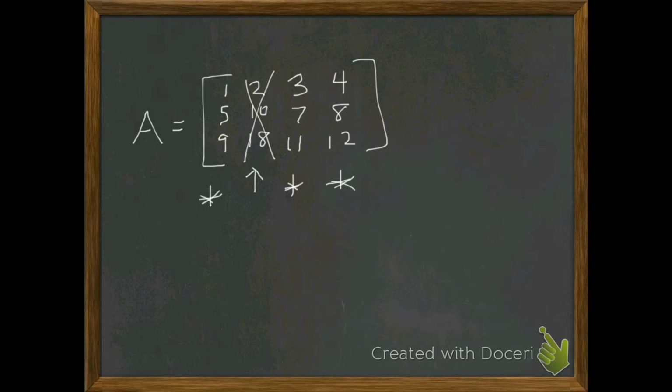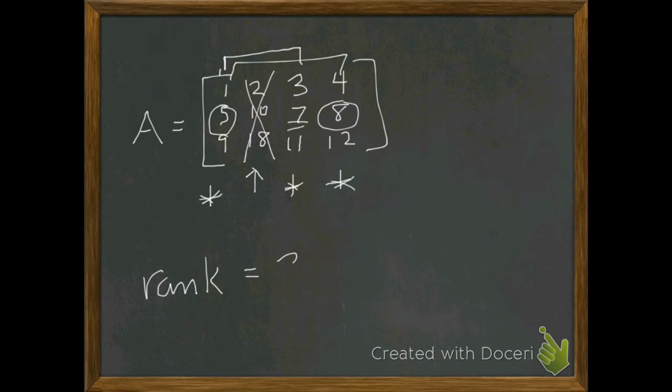And we can see that neither of these can be expressed as the other by multiplying by some scalar. For example, to go from here to here, we would have to multiply 1 by 3. Well, when we multiply 5 by 3, we don't get this. We'd have to multiply 1 by 4. When we multiply 5 by 4, we don't get this. So for this matrix, we can say that our rank is 3 because of column 1, column 3, and column 4.